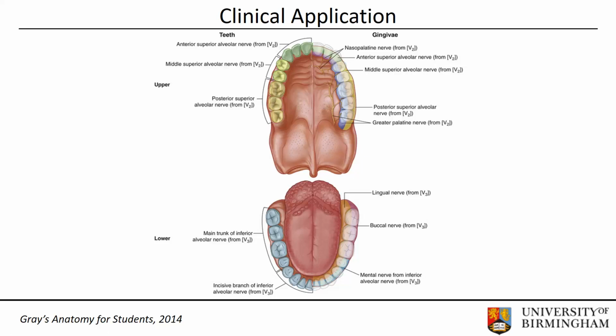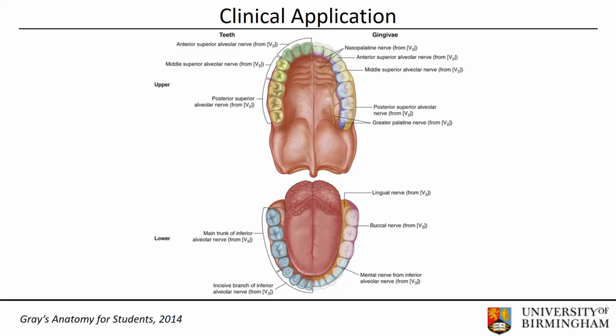And on the right side, this shows the nerves that we will need to block when we need to anesthetize the soft tissues or the gingiva, for example, when we're doing an extraction. Remember that the injections should not be performed in areas of infection or inflammation.